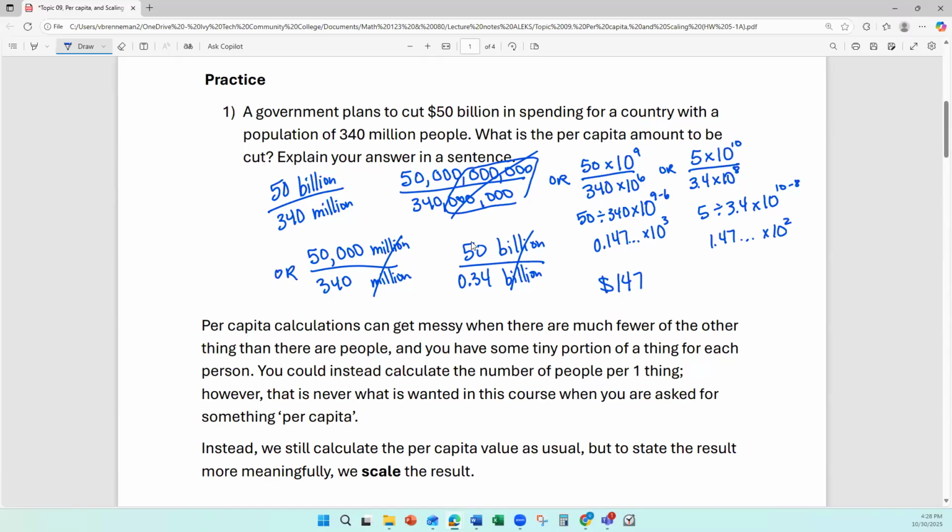So 147, and putting that into a sentence, that's dollars per person. Or you might more naturally say for each person or every person, this government is cutting $147 per person.